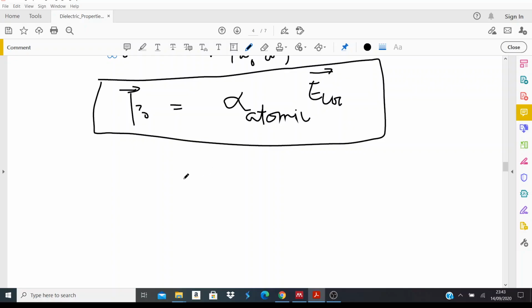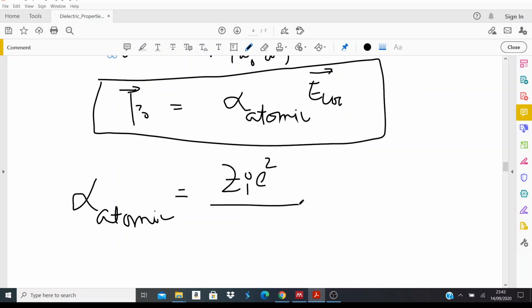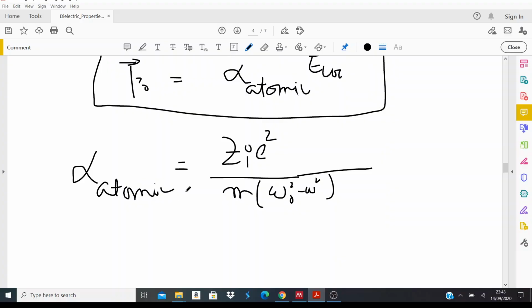And let me elaborate on this alpha atomic term, the atomic polarizability. The expression is the number of electrons times the charge square divided by the mass of the electron, and then omega naught is some resonance frequency depending on the system you're considering. It depends on the spring constant and the masses of the system, and omega is the frequency, right? So that's a frequency dependent term.